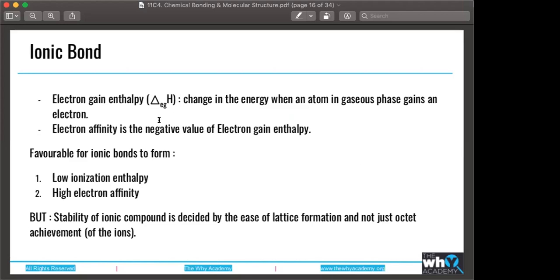Electron affinity is the negative of electron gain enthalpy, so the magnitude is pretty much the same, but we are removing the negative sign because by definition we're just saying whatever amount of energy is released. So basically we're taking just the magnitude of the change in enthalpy.